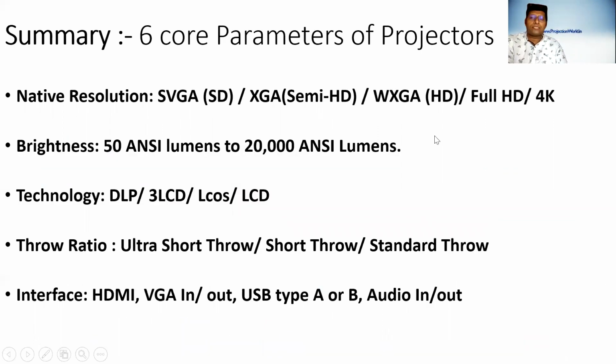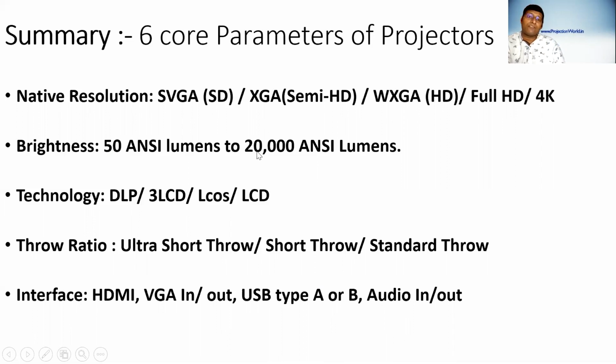We can take a few examples if you want. Supposing you want a projector for your classes, you want to make a digital classroom and use it portably. You don't want to install it, but you are taking tutorials and moving around different places. Then you can go for a 3 LCD XGA projector, which comes with a carry bag and you can carry it easily.